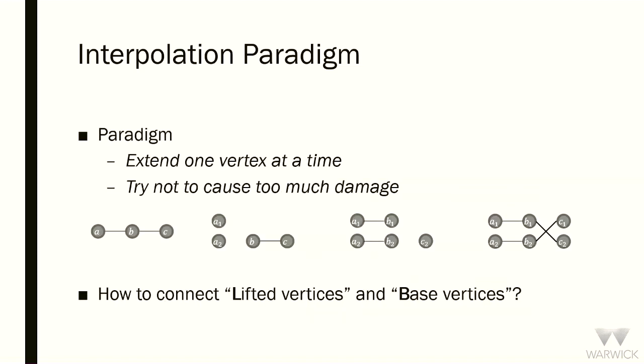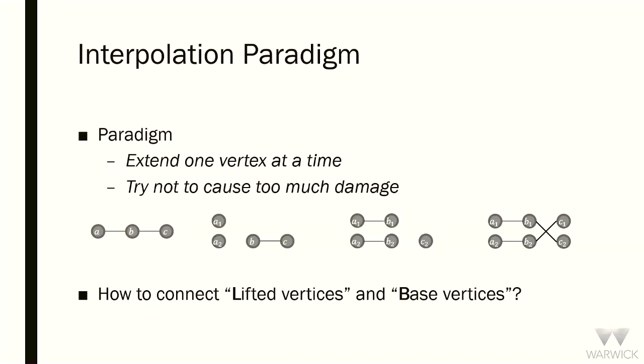And indeed, our construction is based on graph lifts. So we start with a graph on the left, and then we lift only vertex A, and then we lift vertex B, and then we lift vertex C. In each step, we have the base vertices, the vertices that come from the original graph, and the already lifted vertices, which live in the world of the graph lift.